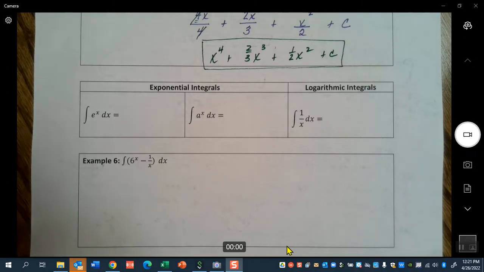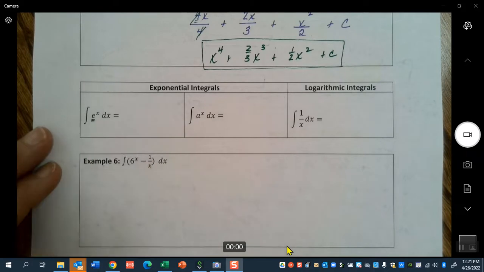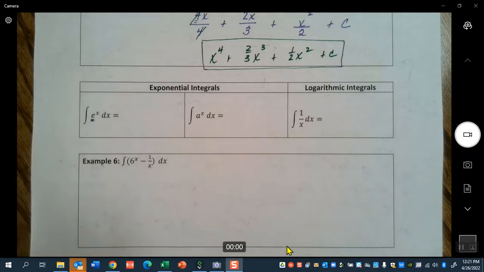So if we have exponential integrals, you remember this value, Euler's number, and we love taking the derivative of e to the x because the derivative of e to the x is e to the x.